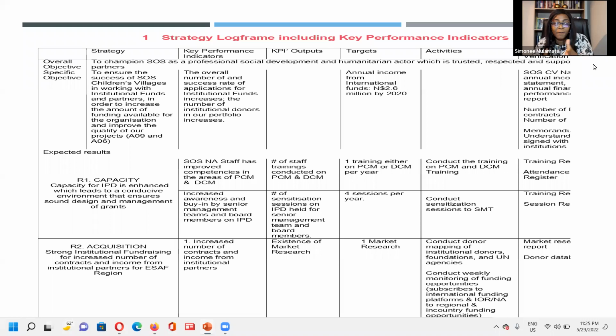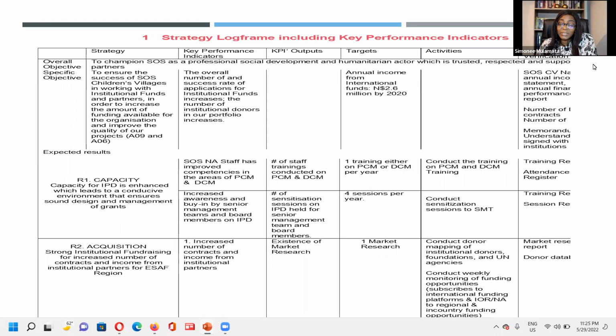Now this is for inputs, the number 1, that should be for outputs. Number of staff trainings conducted. And look here, they are training their staff on a regular basis. And also number of sensitization sessions held for senior management. And then when it comes to acquisition, existence of market research. So those are the kind of indicators.